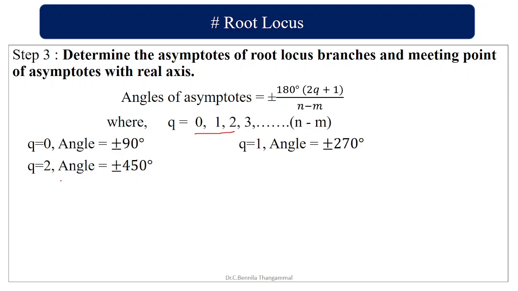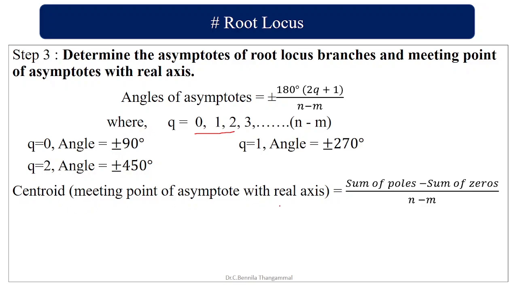And if q is equal to 2, 4 plus 1 is 5, so 5 divided by 2 times 180 is 450. If the angle is less than 180 degrees, you take the original angle; angles greater than 180 are a repetition of the previous angles. So it's going to be plus or minus 90.